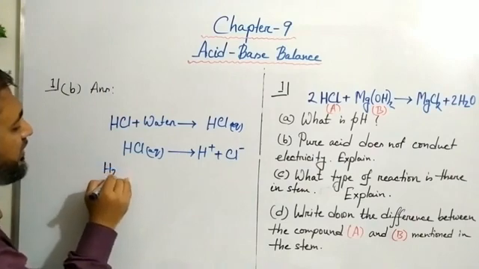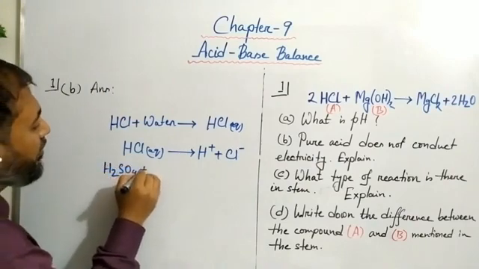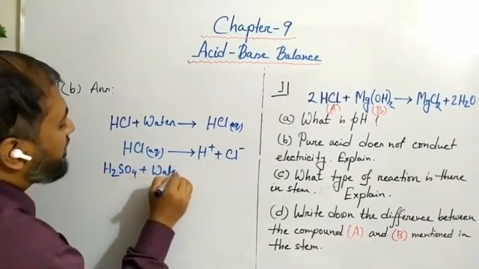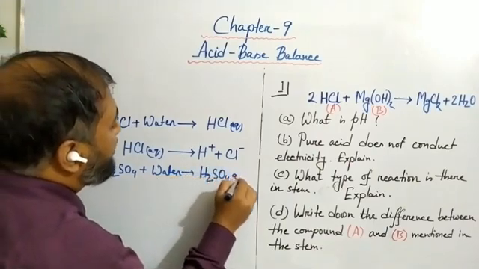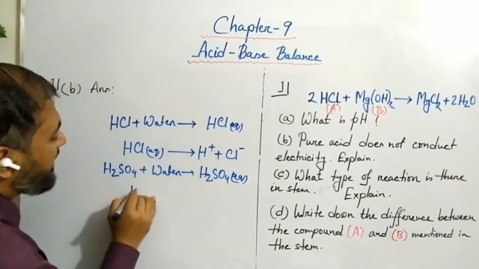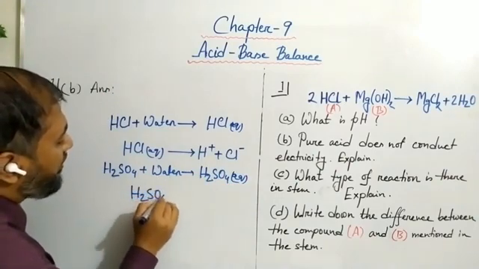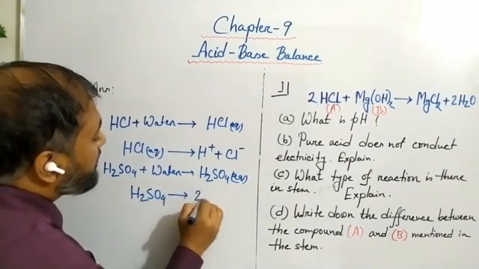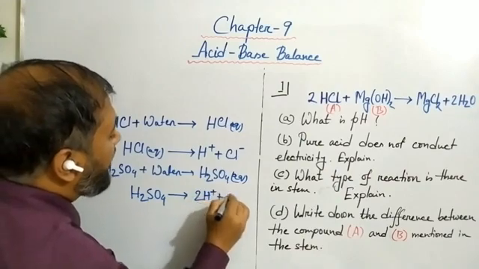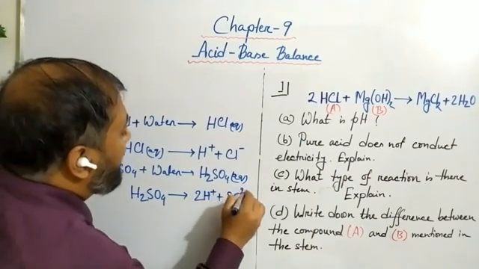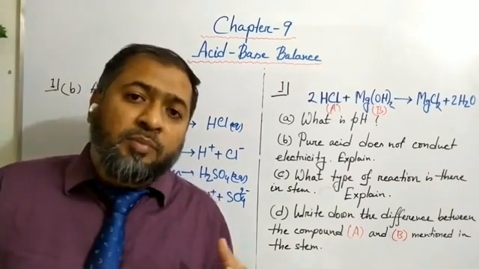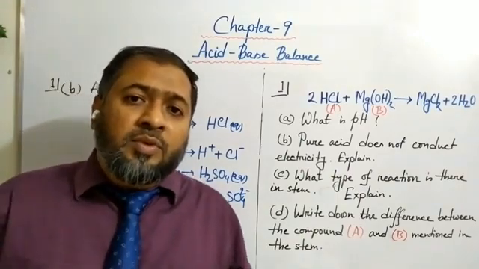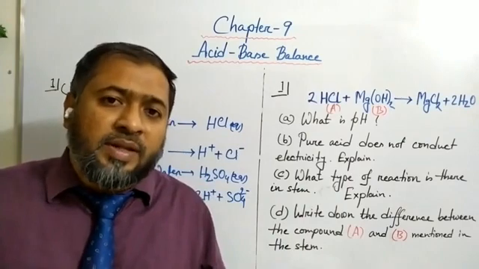Similarly, for sulfuric acid, when we add water, it produces aqueous sulfuric acid and instantly dissociates to produce proton ion and sulfate ion, and the presence of the proton ion shows the acidic properties.